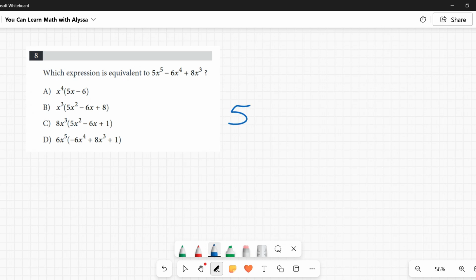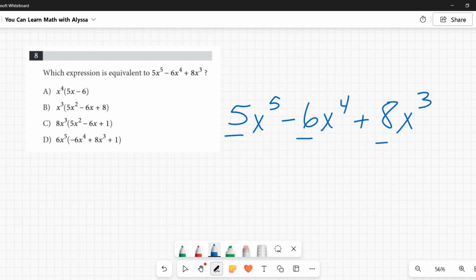So if we look at this, 5x to the 5th minus 6x to the 4th plus 8x cubed, we want to look at both the constants that are connected to these variables as well as the variables themselves. So first, my constants, 5, -6, and 8. Is there any integer that goes into all three of those?